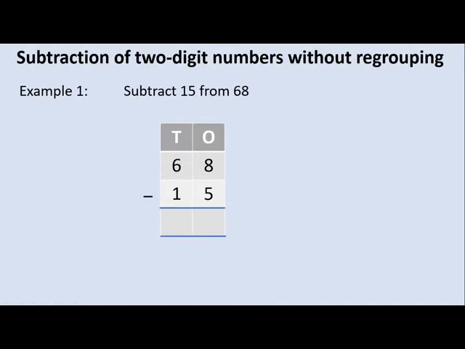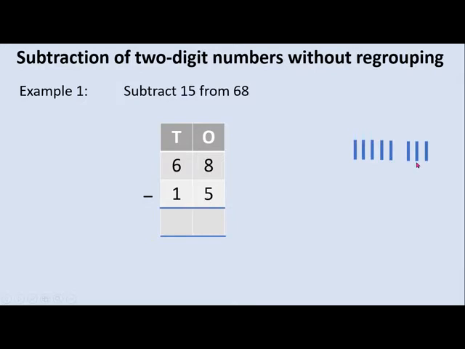For that, let me draw some standing lines here. 8 standing lines. 1, 2, 3, 4, 5, 6, 7, 8. From 8 we have to subtract 5.